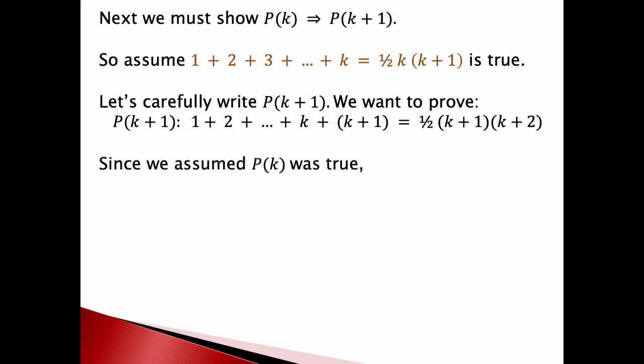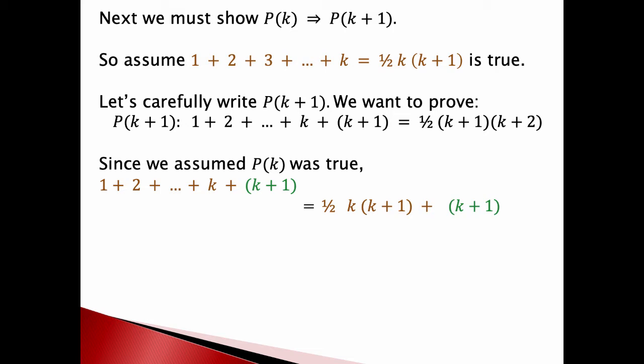Well, since we assumed that P of k was true, then when I add up the first k numbers, colored in brown there, I know what the formula is for those. So the first k numbers in brown add up to a brown 1/2 times k times k plus 1. And now I've just tacked on an extra green k plus 1, the next number after k.